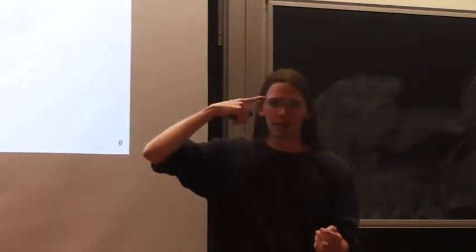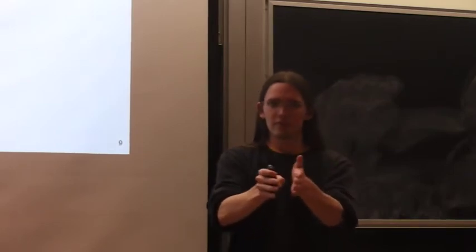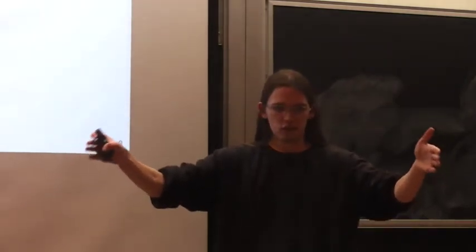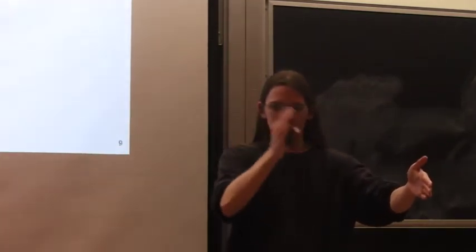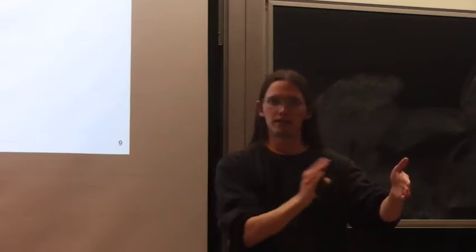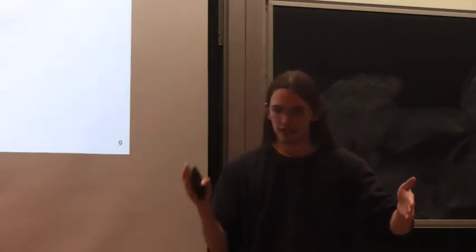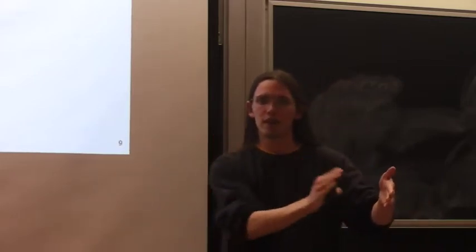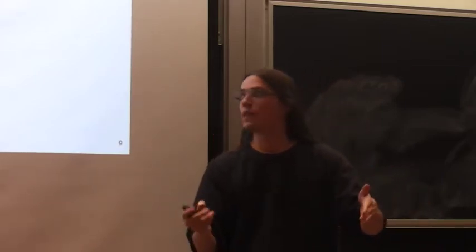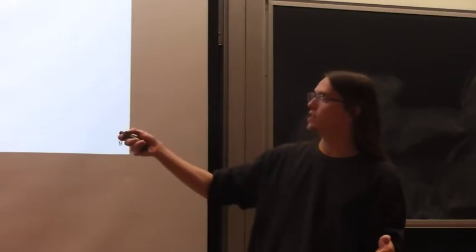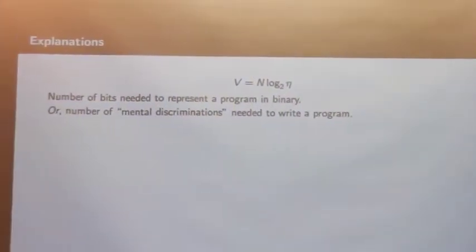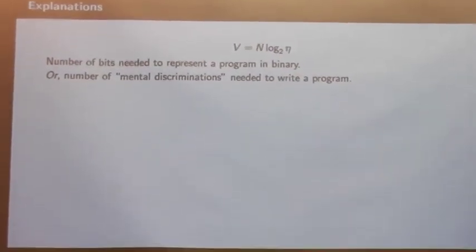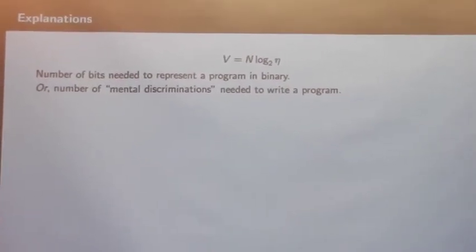Binary searches are pretty good. So pretend that your list of operators and operands are in some sort of array, and you do a binary search to find the one that you want. Well, a binary search means log base 2 of eta, on average, comparisons to find the thing that you need. And then you have big N things that you need to look up. So you need volume mental comparisons or discriminations to write your program code. So anyway.